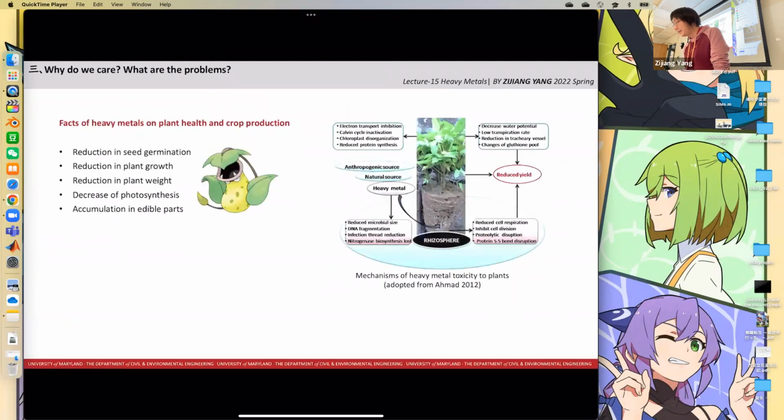And the next one is the effect on plants or crop production. Basically, it may reduce seed germination, plant growth, and plant weight, and decrease photosynthesis. It may also accumulate in the edible parts, so when we eat the contaminated plant, that is bad.